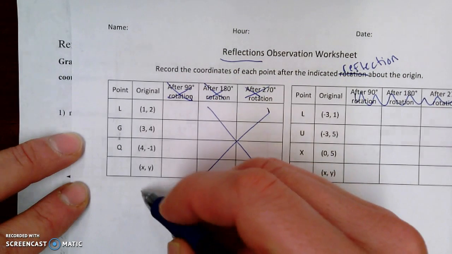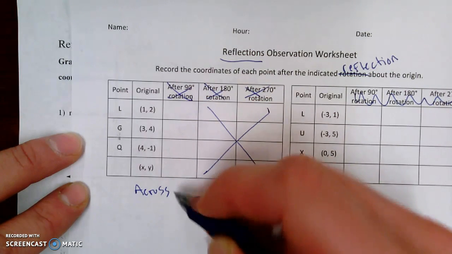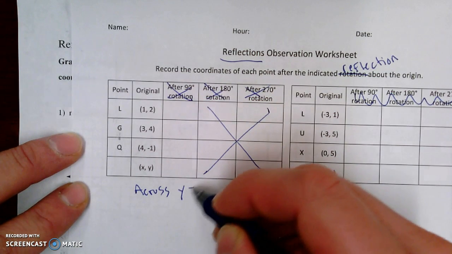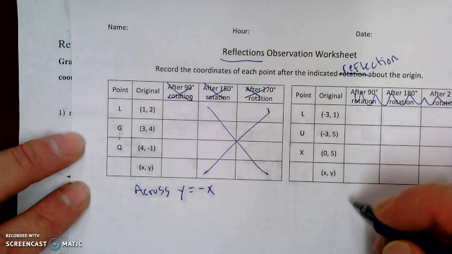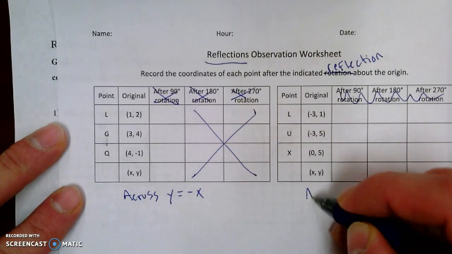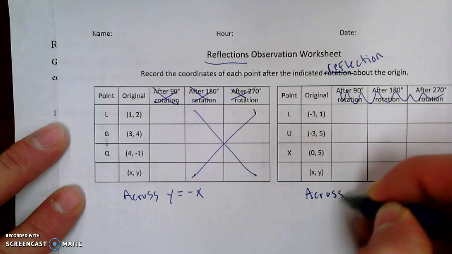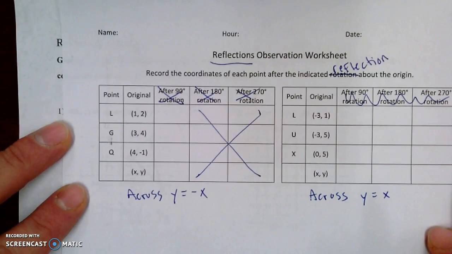The first one is the reflection across y equals negative x. The second one was, let's just make sure. Yep, that was across y equals x.